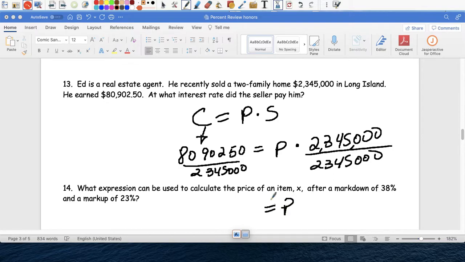Our percent that he earned was 80,902.5. I forgot the point here. We're going to divide that by 2,345,000, and you're going to get 0.0345. If you change that to percent, his commission rate was 3.45%.